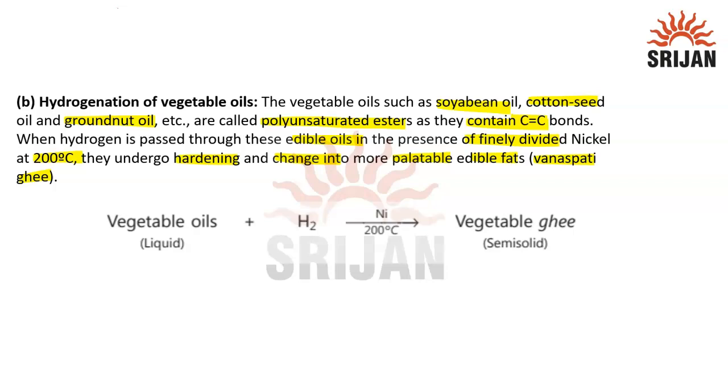So basically, on hydrogenation, vegetable oils, which are liquid, will be converted into vegetable ghee. As we know, it's sort of semi-solid in nature. We need nickel and a 200 degrees Celsius temperature is required. I hope it is clear to you. Thank you.